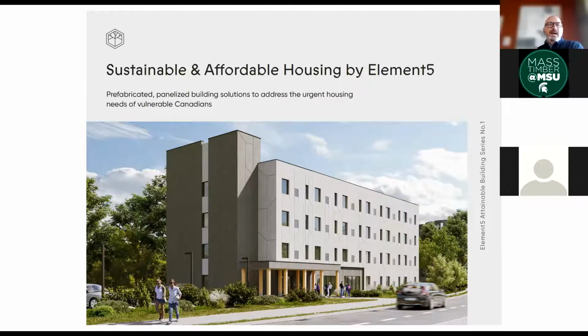Together with Matt, we created our own consortium. In that consortium, we had an architect, a general contractor, a code consultant, an envelope consultant, an acoustic consultant, and mechanical consultants.